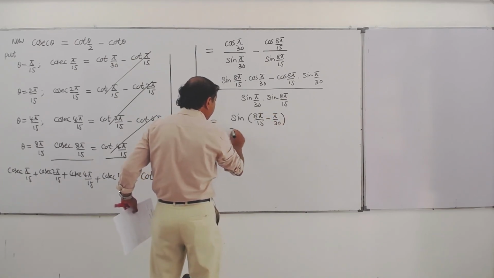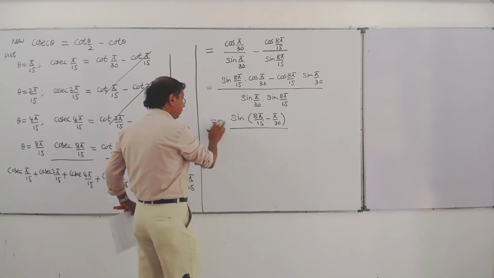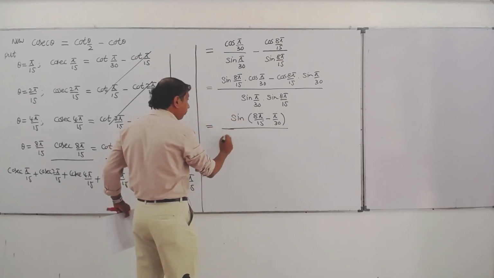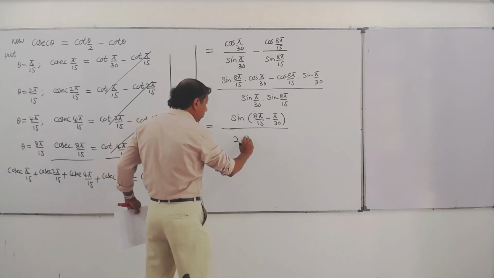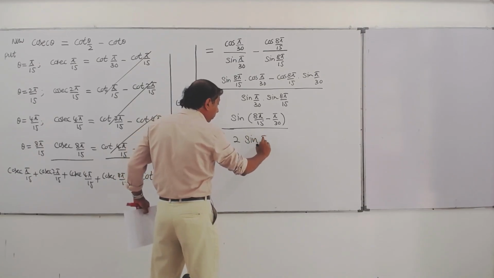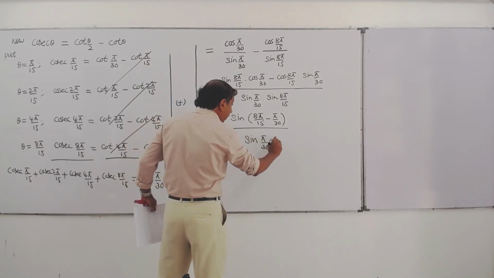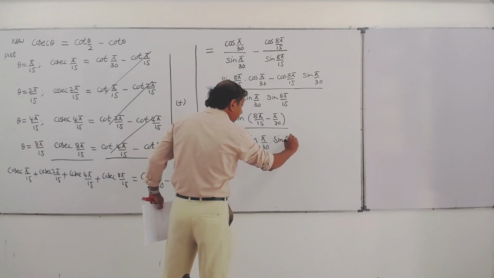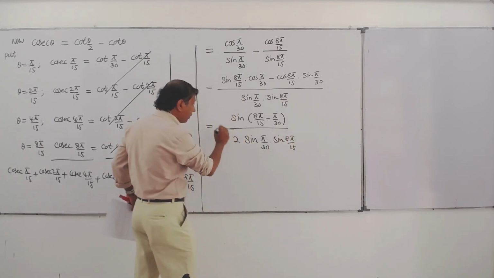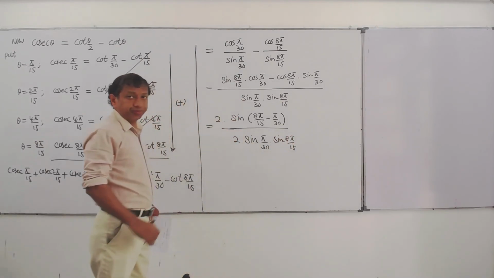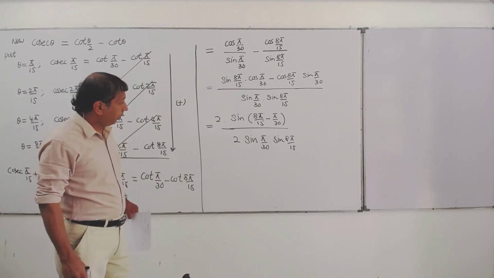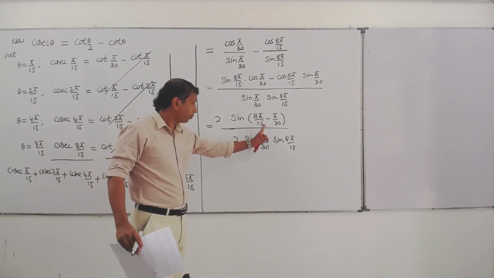Right. In the denominator we have a product. Now this is what I do. This denominator I multiply by 2, and to balance this, the numerator also I multiply by 2. Right. Now we'll simplify here.